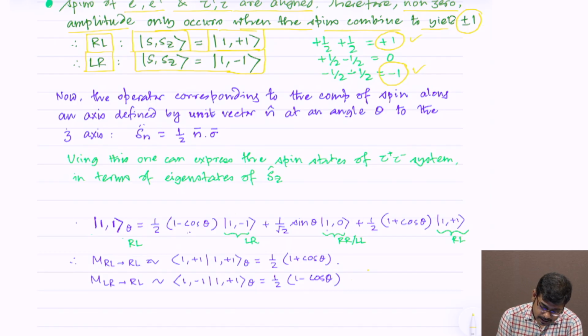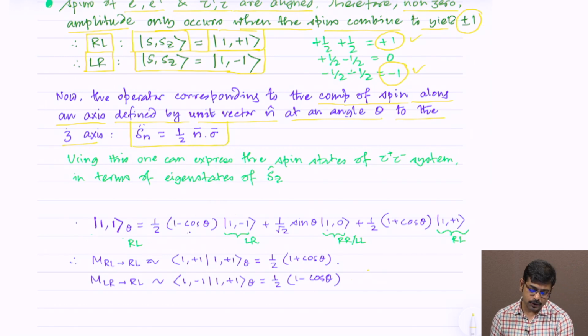The point is you can do that by computing the following: the operator corresponding to the spin along an axis defined by a unit vector n at an angle theta to the z axis can be defined by Sn, which is half n dot sigma.